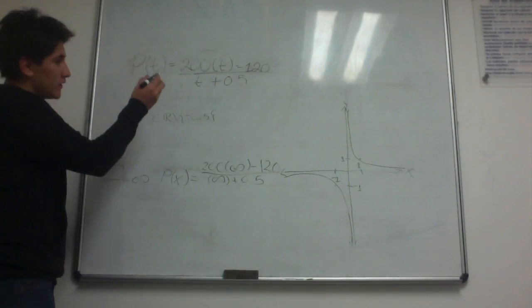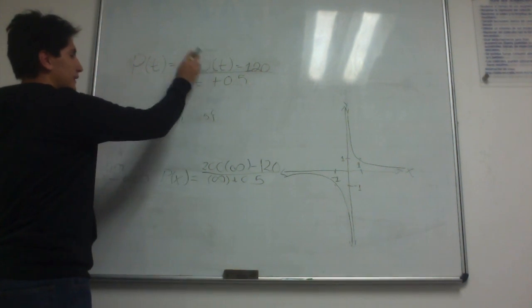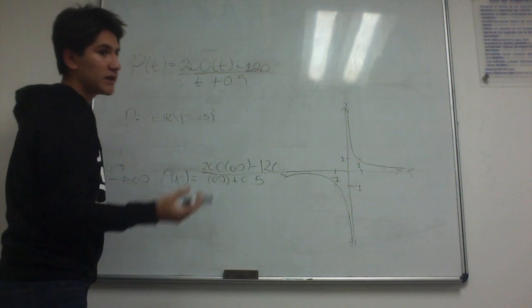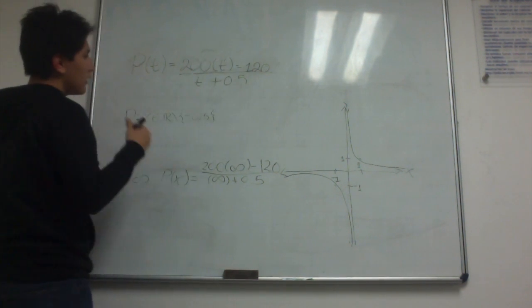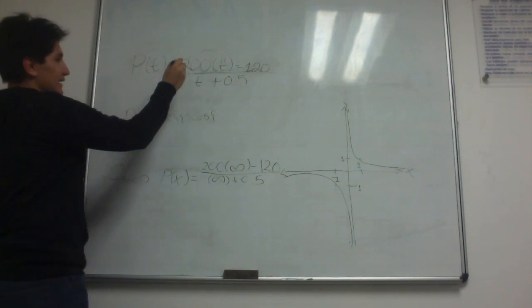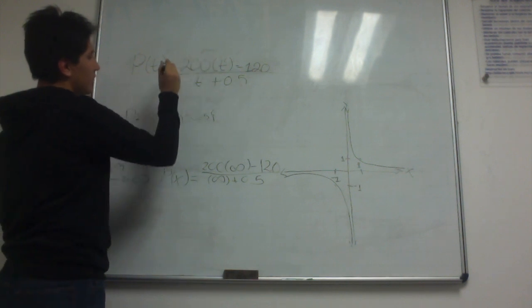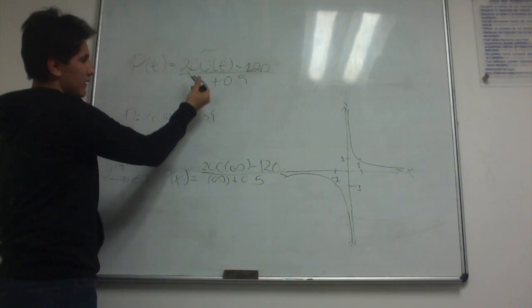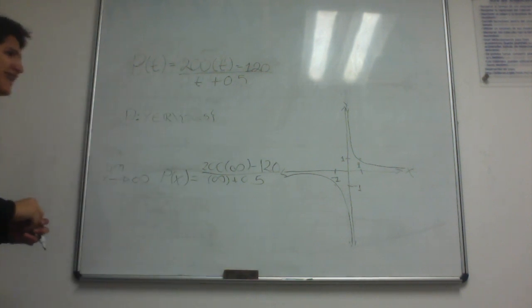If in this function we have the variable in the numerator and the denominator with the same exponent, in this case 1, we can infer that it lies in a division of the coefficients in the numerator and the denominator.